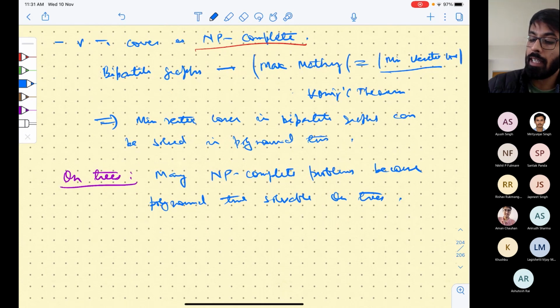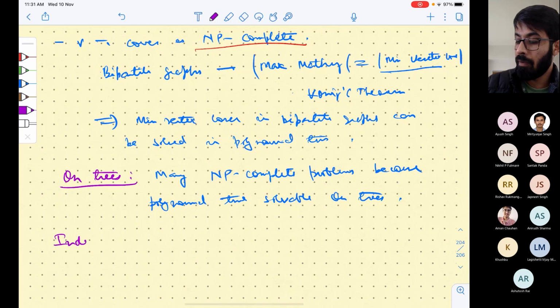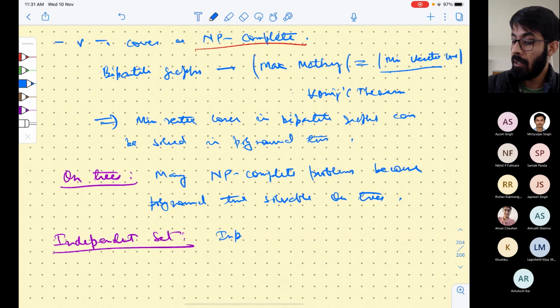Okay. So let's take the independent set problem, for example. So we have seen independent set. The input is G comma K. The question is, does there exist S subset of V, where the size of S is greater than or equal to K, such that S is an independent set? It is a maximization problem.